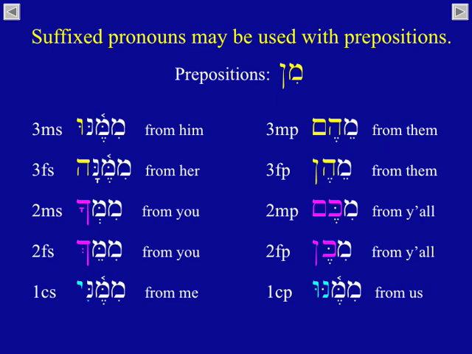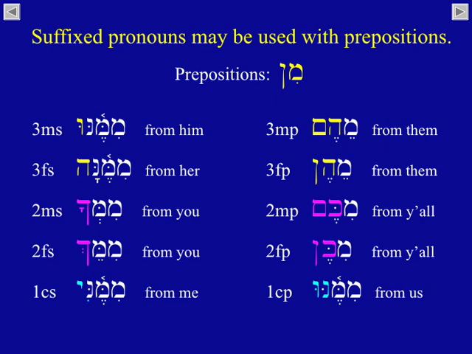Well, let's see how that plays out in the first column. Look at the top at the third masculine singular. Again, we see mimenu. Well, what's happened here? You've got the preposition min, the interpolated element men, that gives us mimmen, and the suffix here is trying to be the suffix hu.